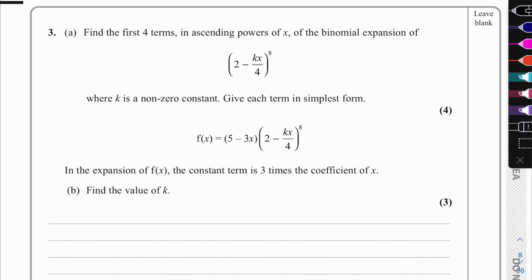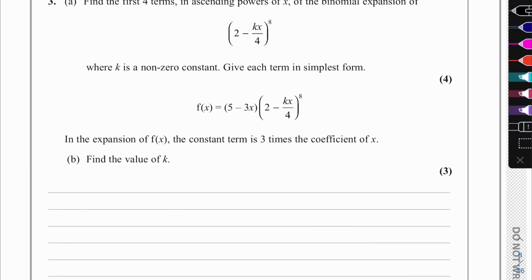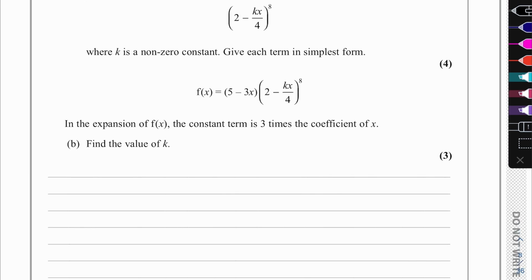So if you go to the mathematical IAL booklet given to you in the exam, you will see the formula given is a plus b to the power n, where it's a to the power n plus, over here you have nC1, then it's a to the power n minus 1, then b to the power of 1, right?